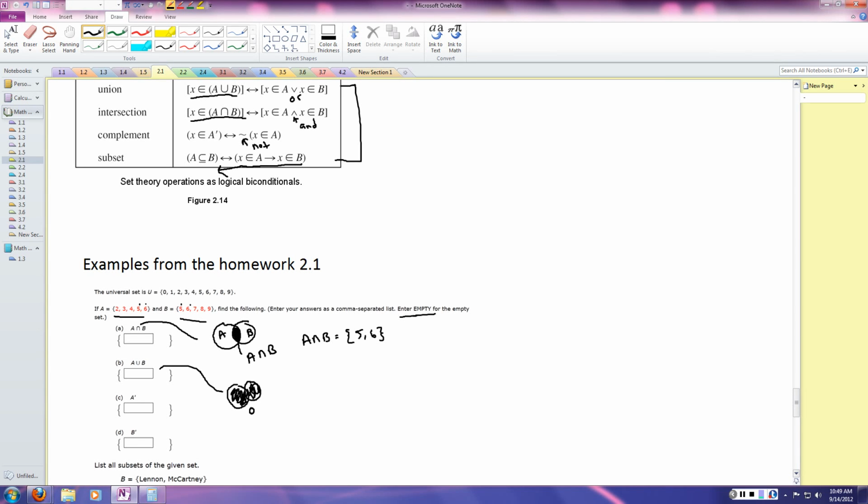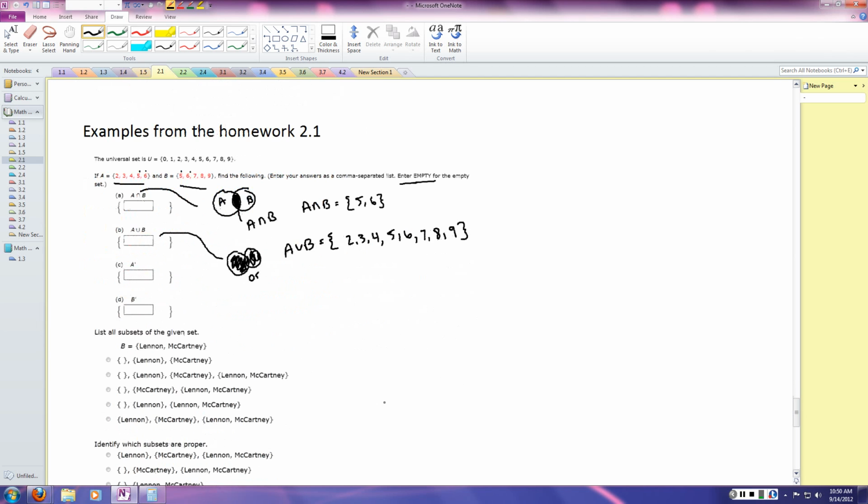Here we would use or. List the elements in A would be fine, or the elements in B is fine, so you'd list them all. And that's what we did at first. So A union B is going to be 2, 3, 4, 5, 6, 7, 8, 9. Okay, so sorry about that, confusing.